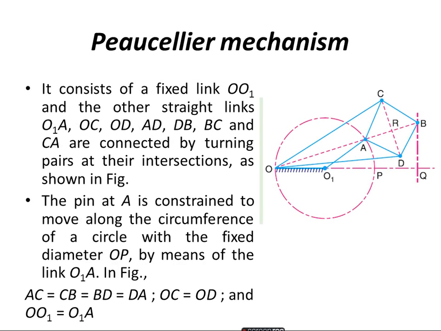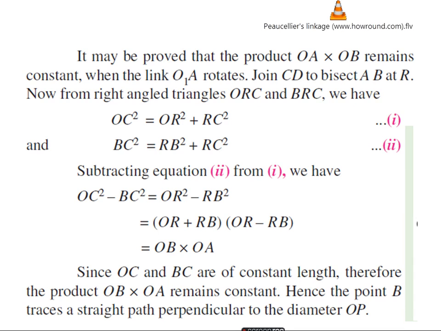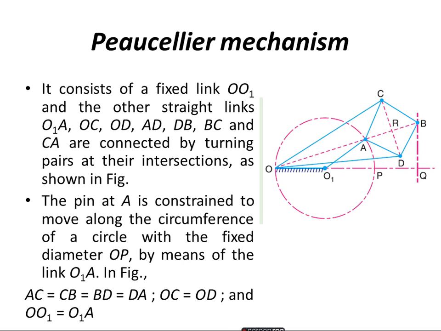We have the Peaucellier mechanism, which is a straight line mechanism. Let us see the construction here. In the figure you can see it consists of O1 as a fixed link.